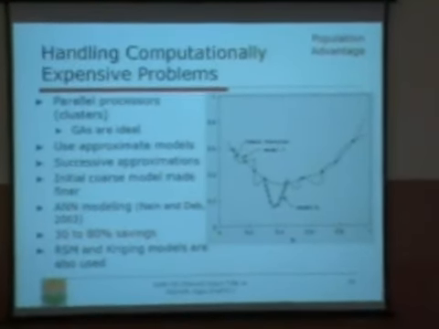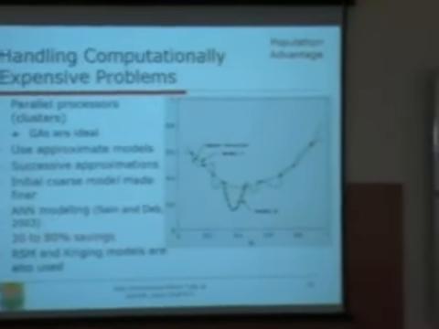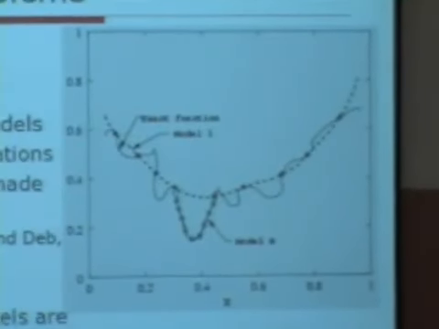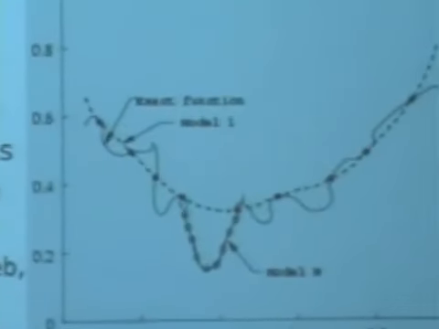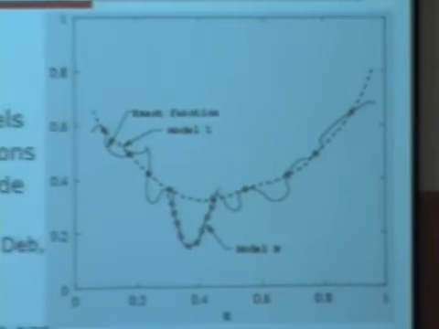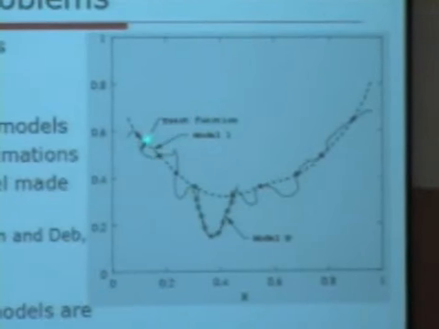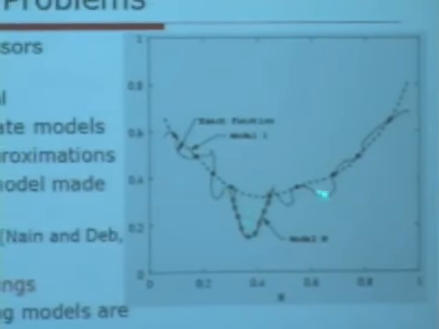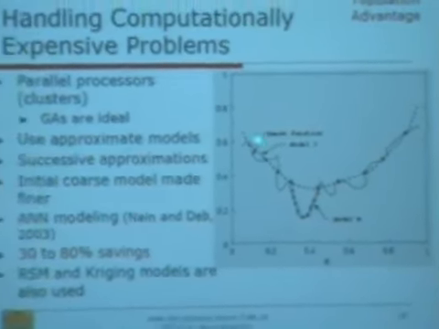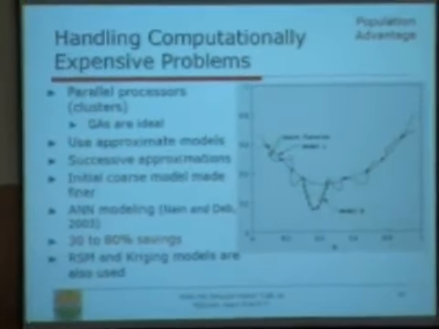When you are dealing with expensive problems, meta-modeling is one way to do it. Well, you have to take help of all the technologies that are available, hardware, software, as I said. Now, one of the things we did with one of my PhD students lately is that you have this complicated surface to optimize and maybe very expensive to evaluate. You make a meta model first, which is a crude approximation.